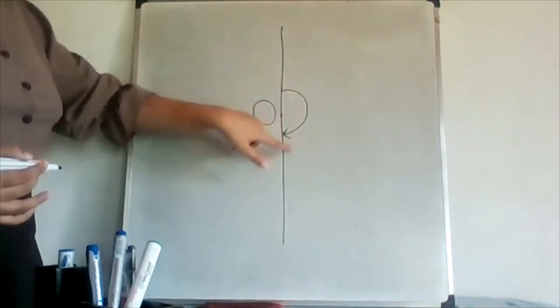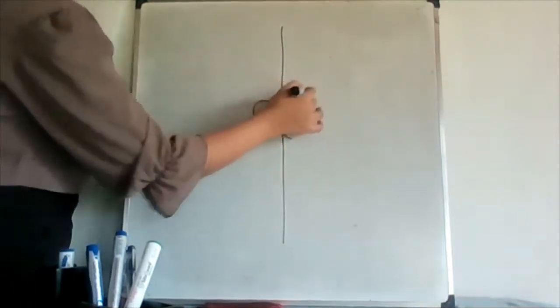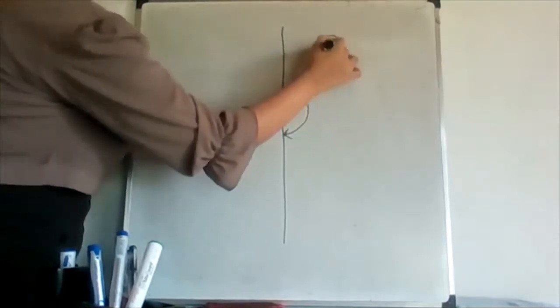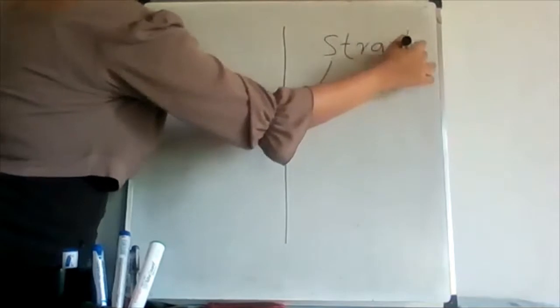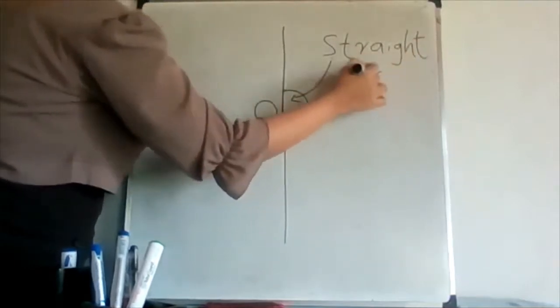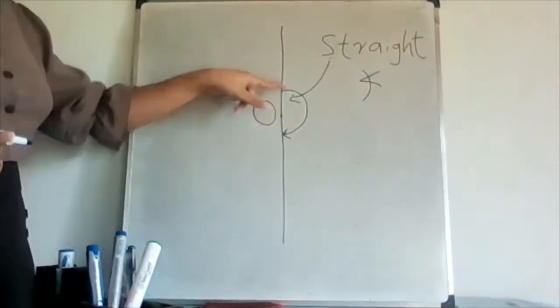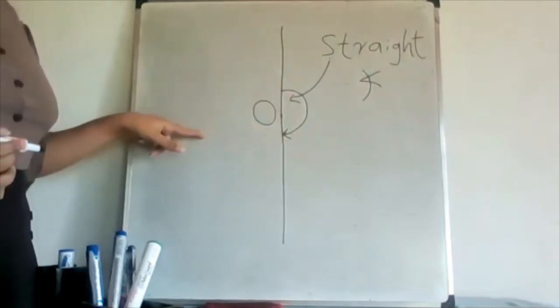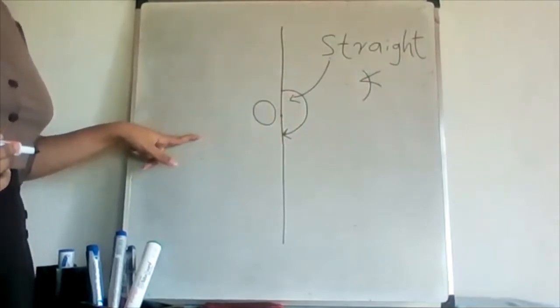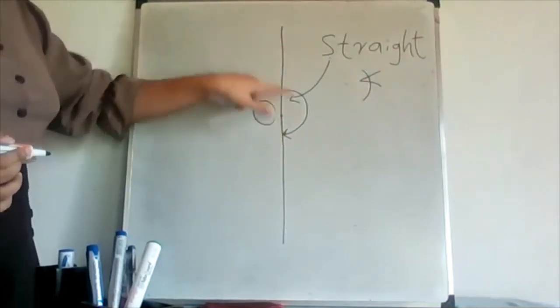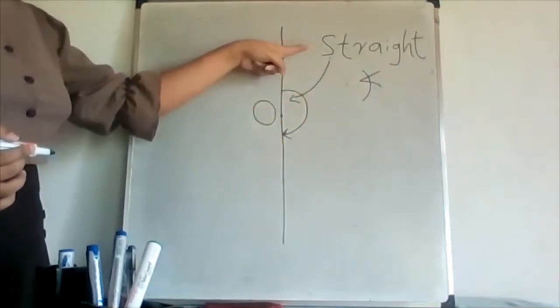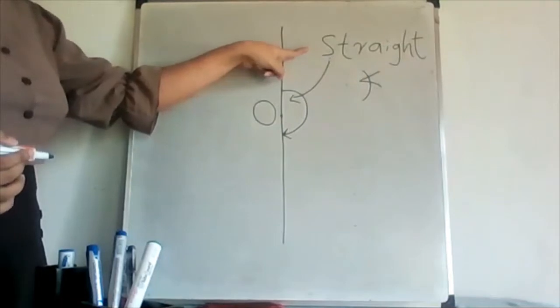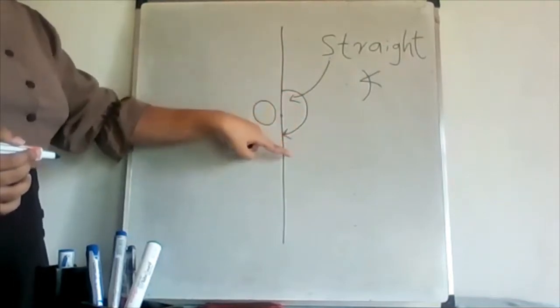This angle is called a straight angle. This is the first type of angle you're going to learn in this lesson. An angle which is drawn on a straight line is called a straight angle. So this is a straight angle.